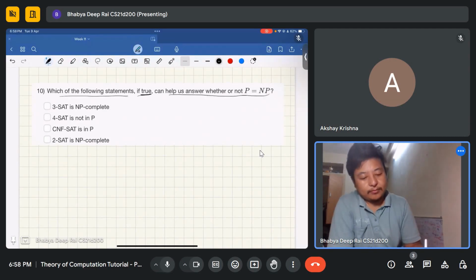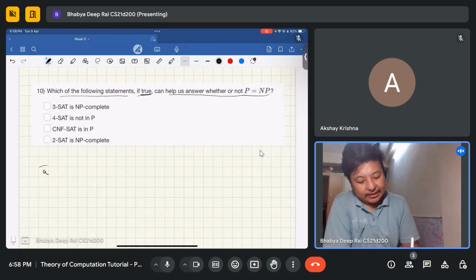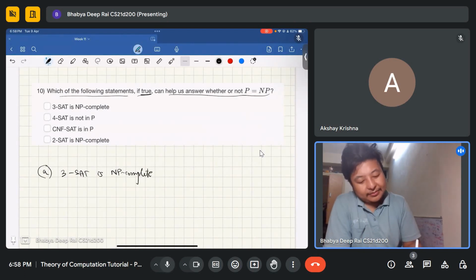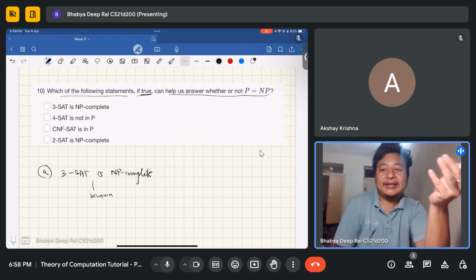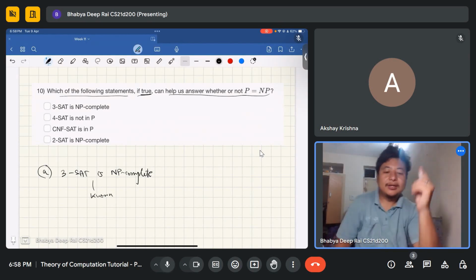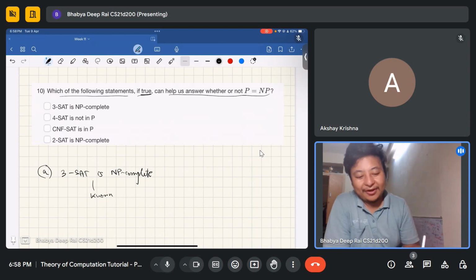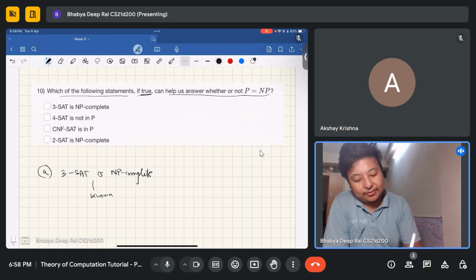Let's look at the first one. 3SAT is NP complete. 3SAT is one of the first languages we saw which is known to be NP complete. So knowing that 3SAT is NP complete would not resolve P equals NP, because we already know this and we don't know whether P is equal to NP or not. So this is not true.